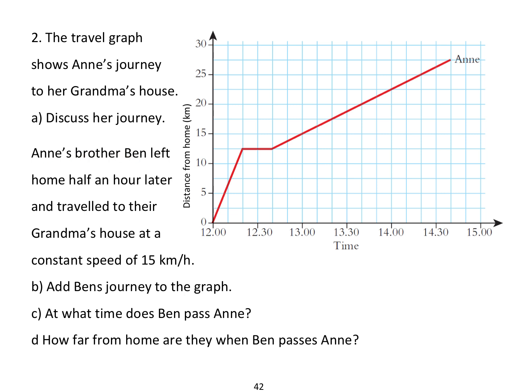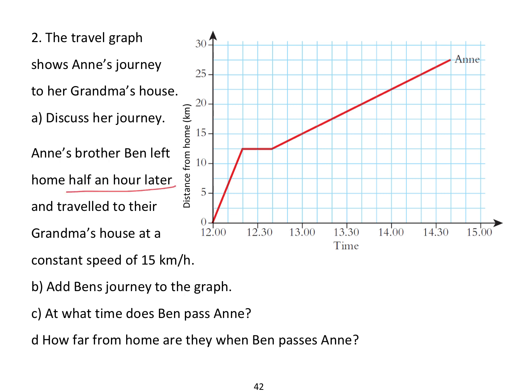Anne's brother Ben left home half an hour later and travelled to their grandma's house at a constant speed of 15 kilometres per hour. Add Ben's journey to the graph. So first of all, we get to the starting point. The starting point is that he left home half an hour later.